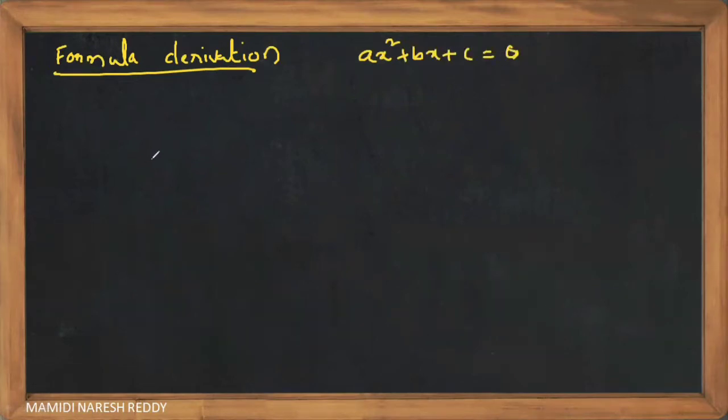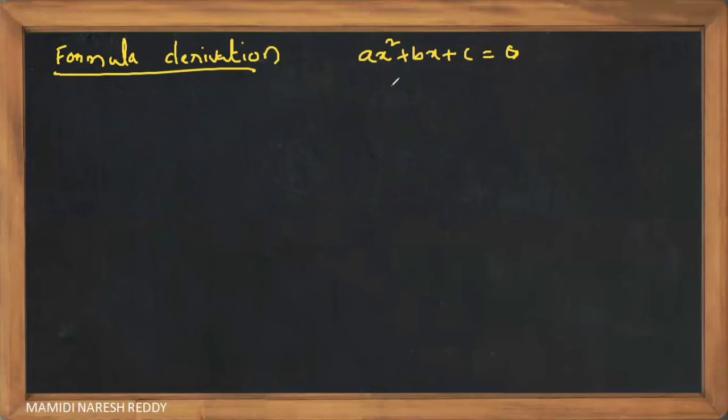Any doubt, my students? Here a is the coefficient of x square, b is the coefficient of x, and c is nothing but a constant here. Get my point here? Now let us derive the formula.